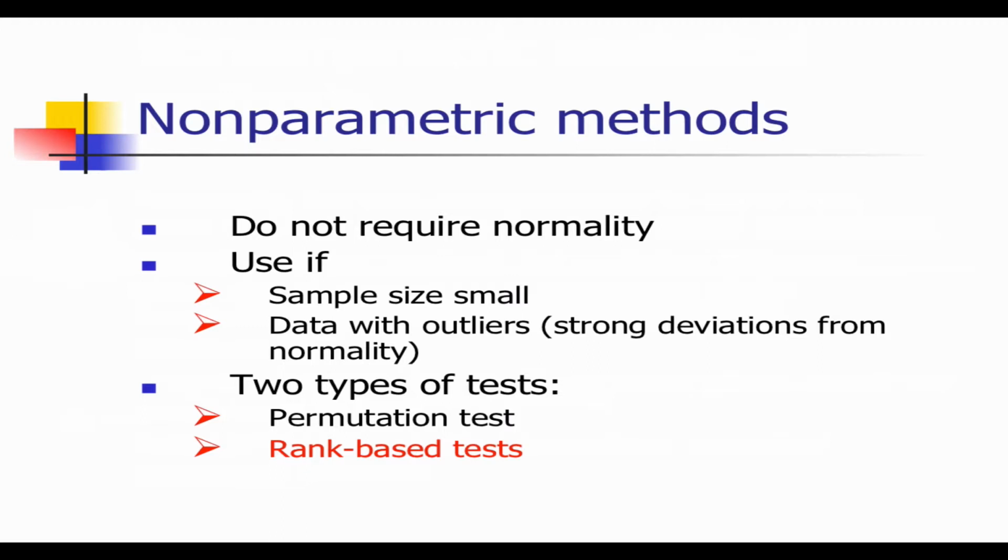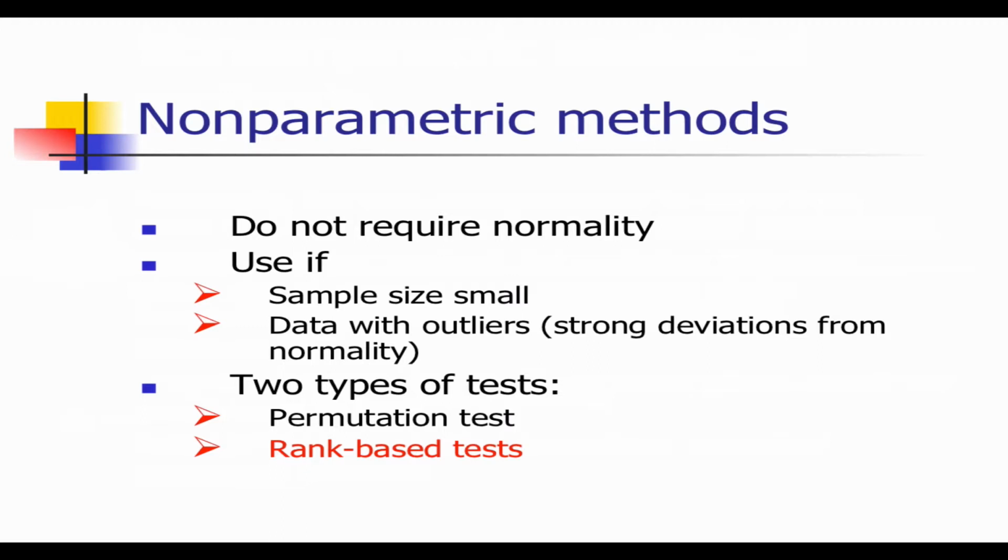Okay, for non-parametric methods, when you talk about distribution free, there are two types of introductory non-parametric methods that are most widely used. The first method is called the permutation-based method.